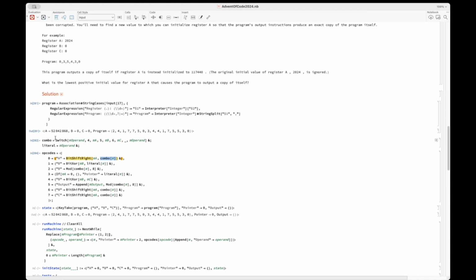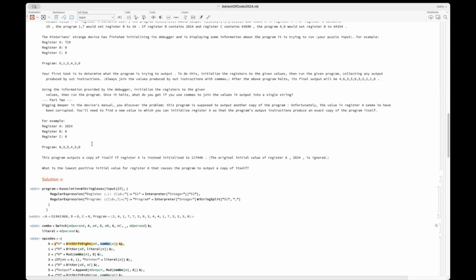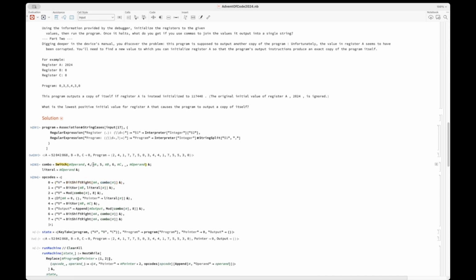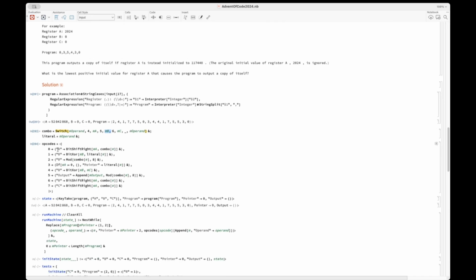That's how you encode the combo argument and the literal argument. This is whether you take the operand as given or actually look up some other register. If it's a combo operand, then 4 means you look up register A. If it was 5, you look up register B, 6 is C, and everything else you take the operand as it is literally.